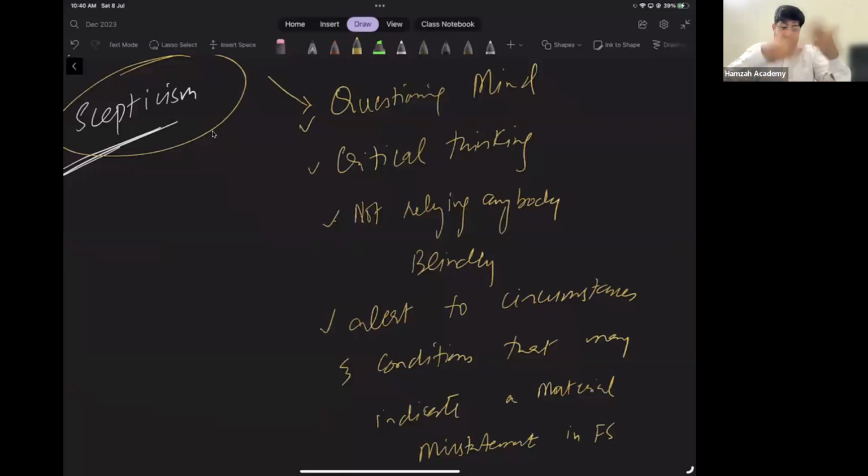If they do not justify, check in detail further. Where one document, one record, one source contradicts another, what management is telling and what the record is showing, a contradiction, skepticism alert. I have to check in detail. One piece of evidence is different from the other.